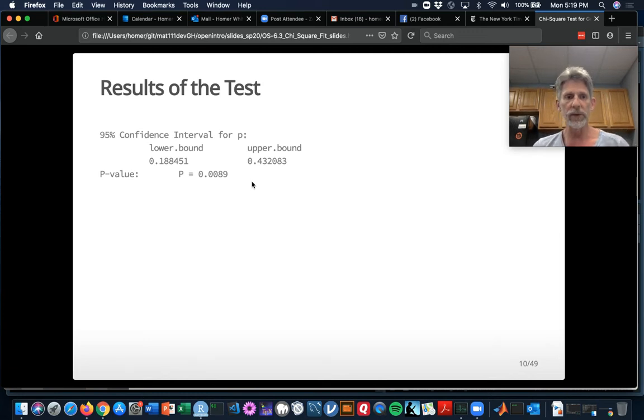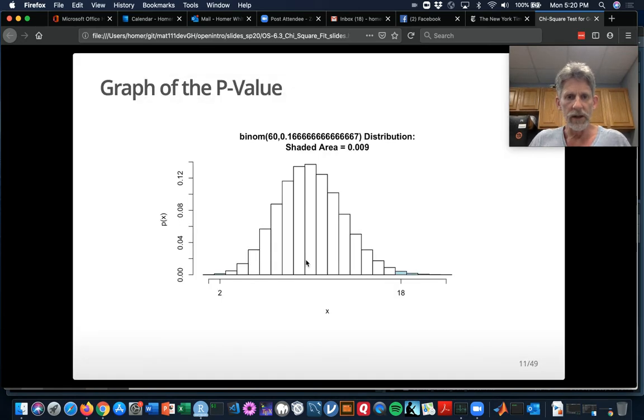It's less than 1%. And so if the chance of 2s is 1/6, then there's a less than 1% chance of getting results as extreme as what we got here. So it's looking pretty bad for the null. Here's a little graph of the p-value to back that up. I mean, here's that little less than 1% chance, like what you got.